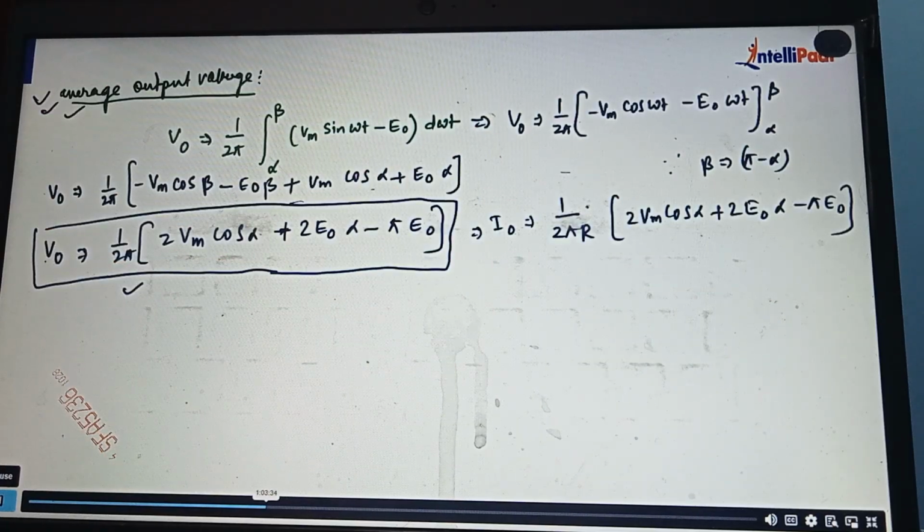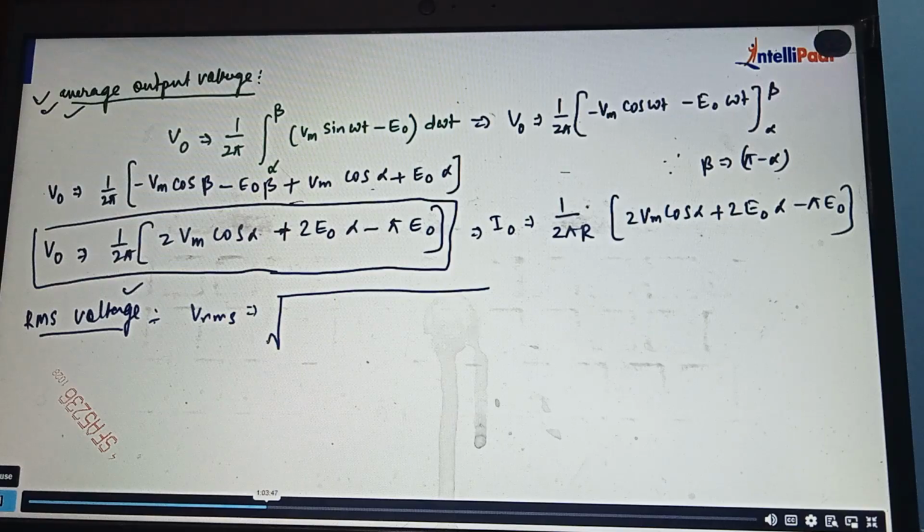So VRMS is equal to root over, again we will integrate 1 upon 2 pi, and the limits will be alpha to beta. What we have to do: Vm sine omega t minus E naught whole square d omega t.